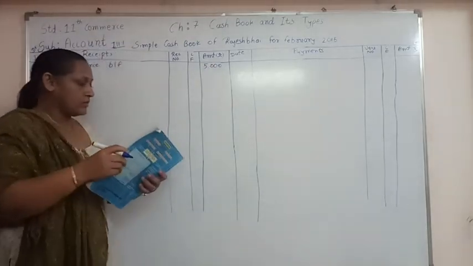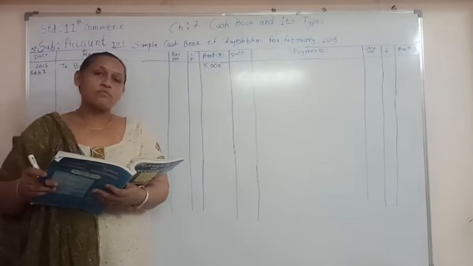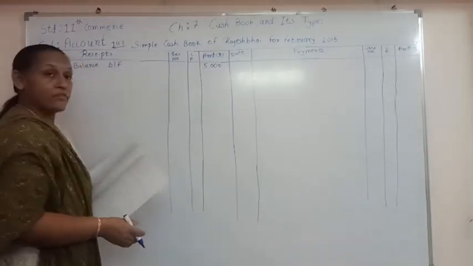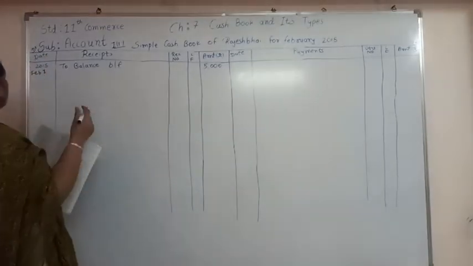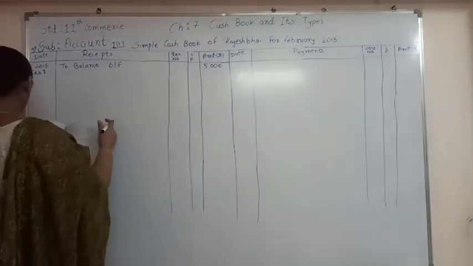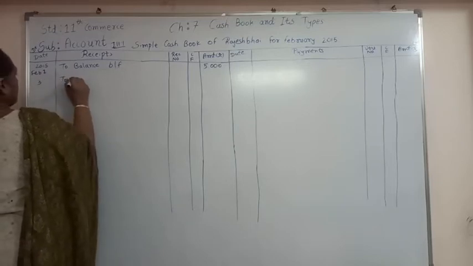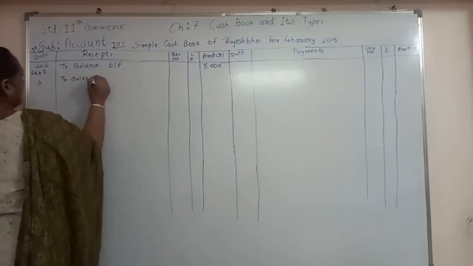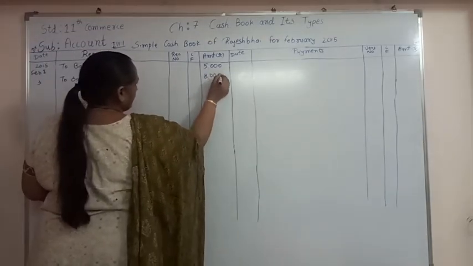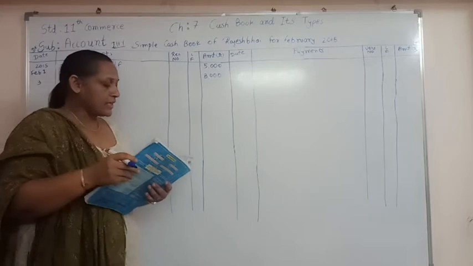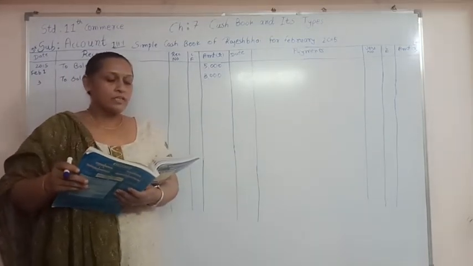Now on third, goods of rupees 3,000 sold to Geeta for cash. When we are selling goods we are receiving cash, so again we write on the debit side, to sales account, and the amount is 3,000. Again on fifth, goods of rupees 2,000 purchased from Amit for cash.